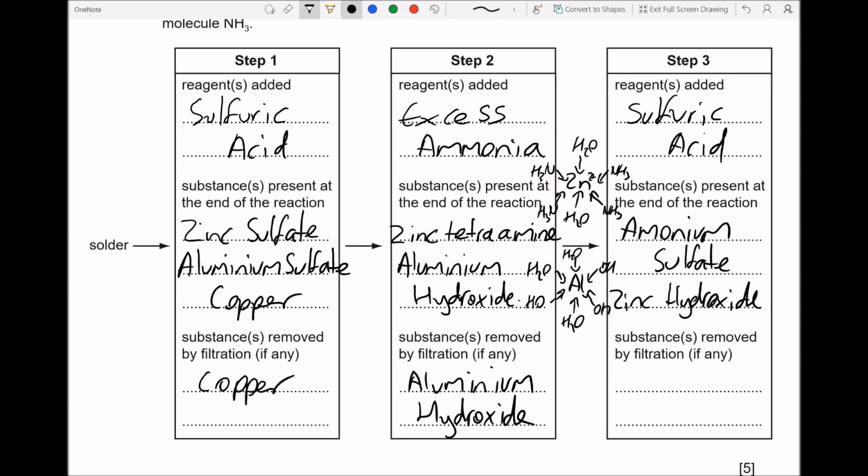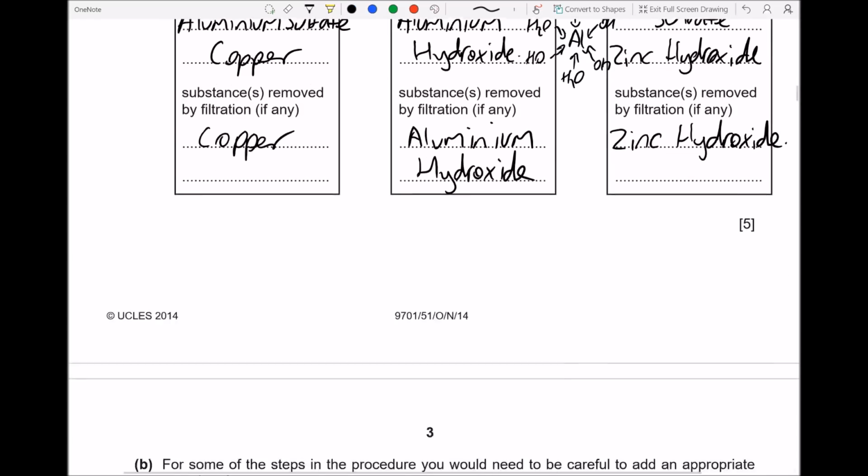There you go. Okay, and the substance removed, again, has to be zinc hydroxide. Okay, so we get 5 marks for that. So it's not too bad, really. You need to know your transition metal complexes and your transition metal chemistry for that one. So there we go. Right. If you don't, you need to really look at that.